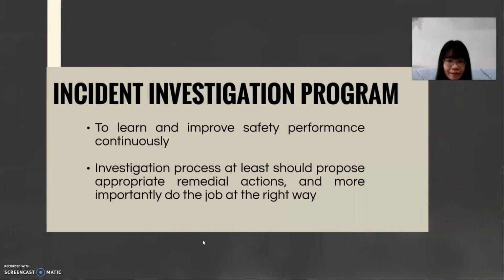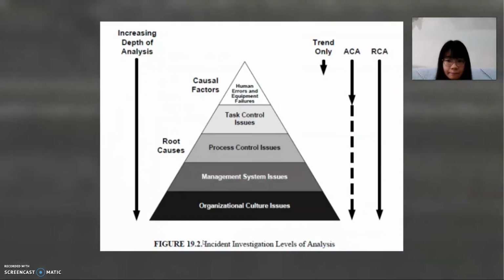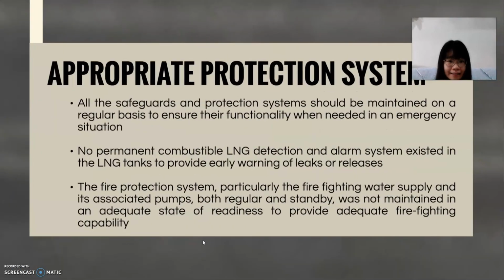An incident investigation program should be carried out to learn and improve safety performance continuously. Lastly, appropriate protection systems should be maintained and installed to ensure their functionality when needed in an emergency situation.